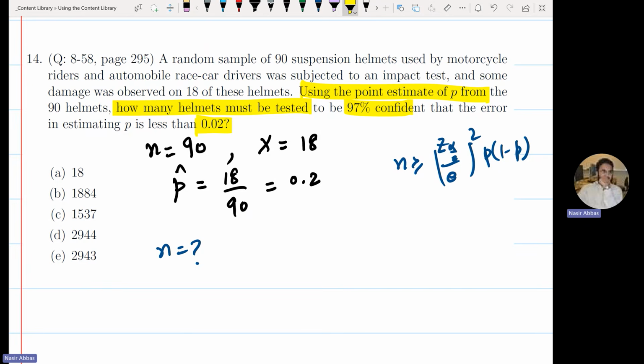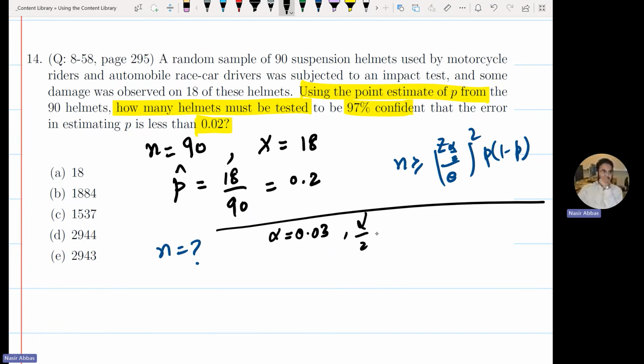The only thing that is left in this question is to get Z alpha by 2. So to get Z alpha by 2, what is your alpha? 3%, good. What is alpha by 2? 0.015. Now you will do that additional step. What is 1 minus alpha by 2? 0.985. Go to the Z table.